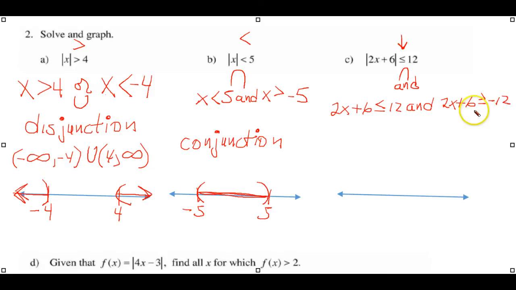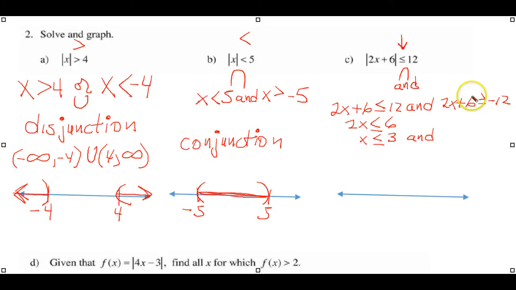So take a moment and see what you get. And we're going to transpose here. This gives us a 6. And we have x is less than or equal to 3.